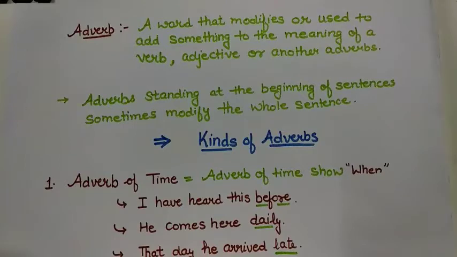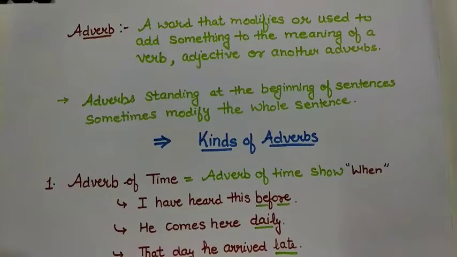Adverbs standing at the beginning of sentences sometimes modify the whole sentence, not only the verb, adjective, or another adverb, but the meaning of the sentence. So, usage of adverbs also plays a very important role. After knowing what adverbs are, let us move to kinds of adverbs.